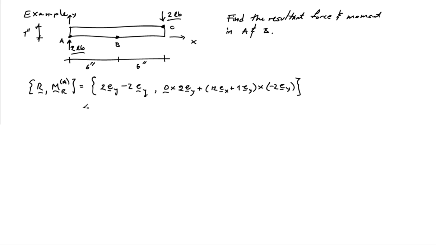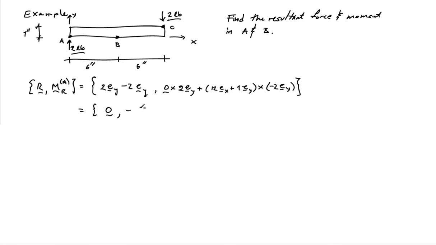So out of the first term here, I'm going to get 0 because 2 minus 2 is 0. And then when I look at the resultant moment, the first term, the force in A, is going to give me 0, and then out of the second term I am going to have EX cross EY, and then I'll have EY cross EY. EY cross EY is 0, parallel vectors, cross product is 0, and EX cross EY is going to give me EZ.